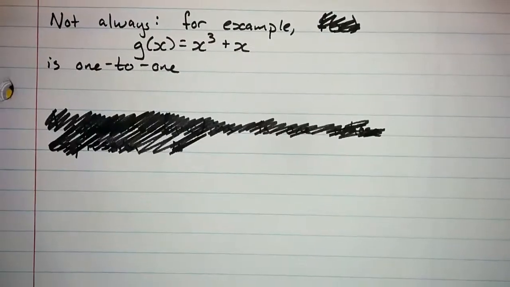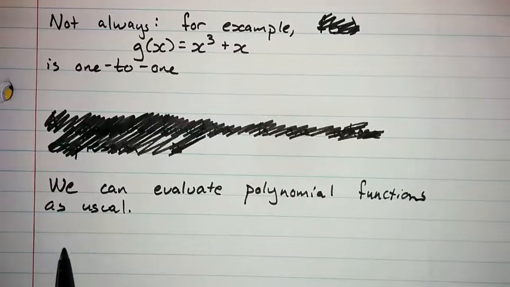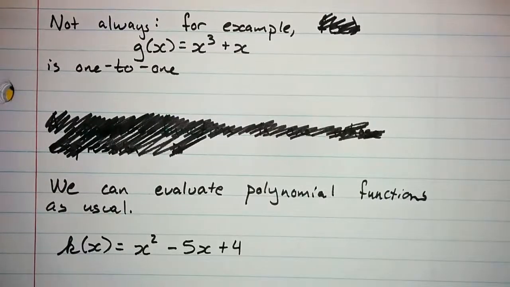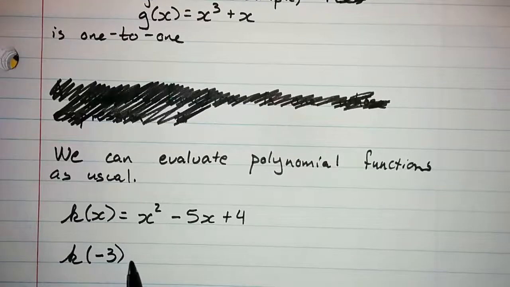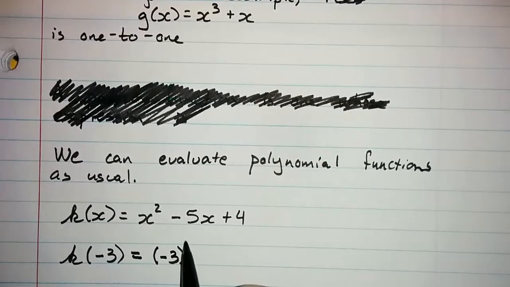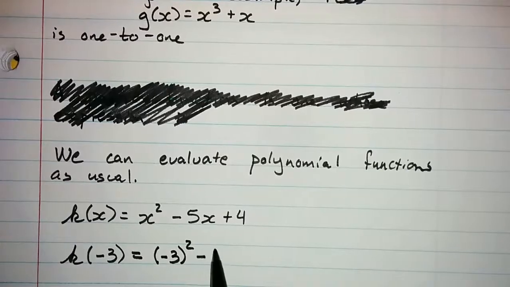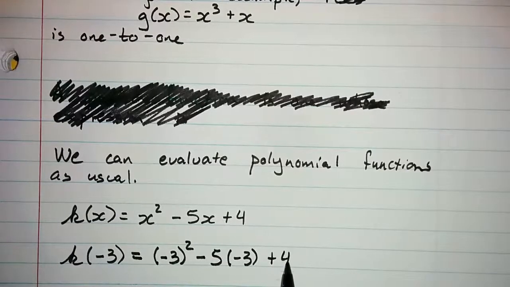We evaluate polynomial functions just like we do every other function. So for example, if we say k of x equals x squared minus 5x plus 4, I might ask you to find k of negative 3, which would be negative 3 squared minus 5 times negative 3 plus 4.